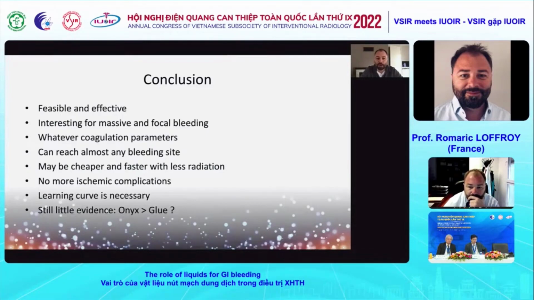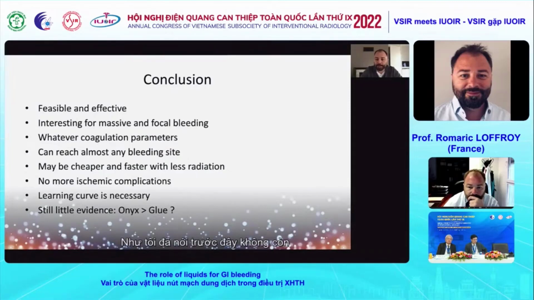Very interesting for patients with coagulation disorders, because you don't mind about the coagulation disorders, which is not the case with mechanical embolic agents like coils and plugs. You can really reach almost any bleeding site, even tortuous, small, and distal. It can be cheaper and faster with less radiation, even for the patients, especially with the use of glue.